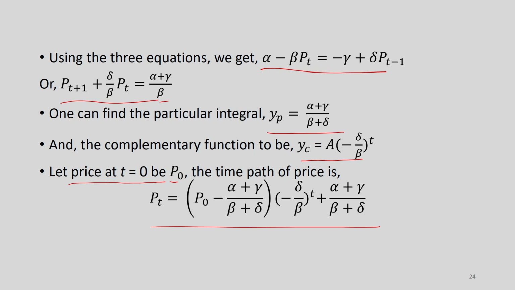Pt is equal to P0 minus alpha plus gamma divided by beta plus delta, times minus delta divided by beta to the power t, plus this term which is appearing here also, alpha plus gamma divided by beta plus delta. So, this is the time path. In this case, as we have seen, this is the particular integral and this is the complementary function.